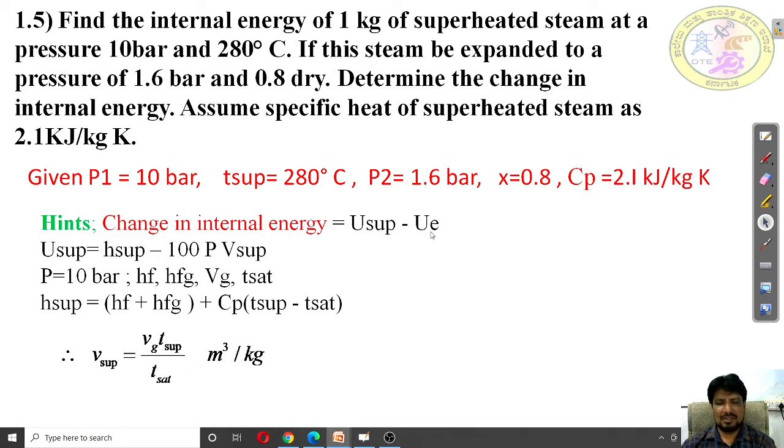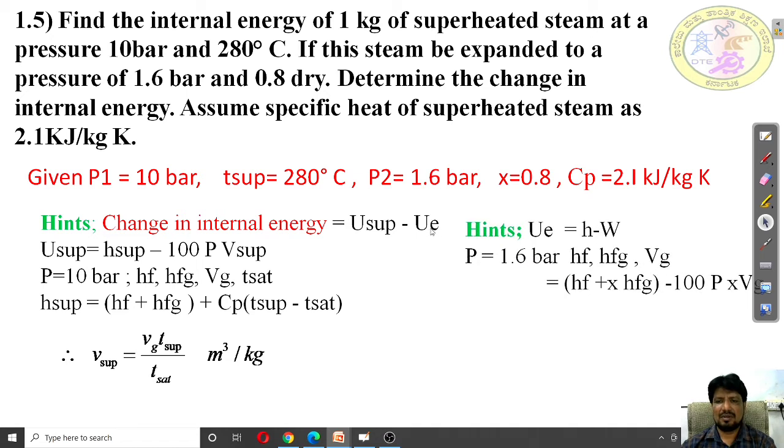Similarly, the internal energy when it is wet steam. Here we have to calculate internal energy when it is wet steam, H minus W, where H is HF plus X into HFG, minus the work done during evaporation when it is wet steam, 100 P into X into Vg.